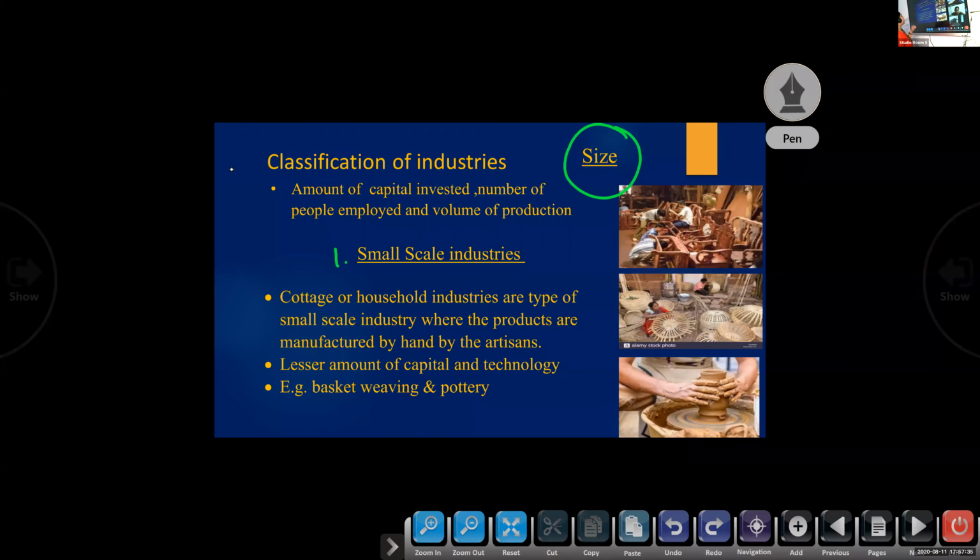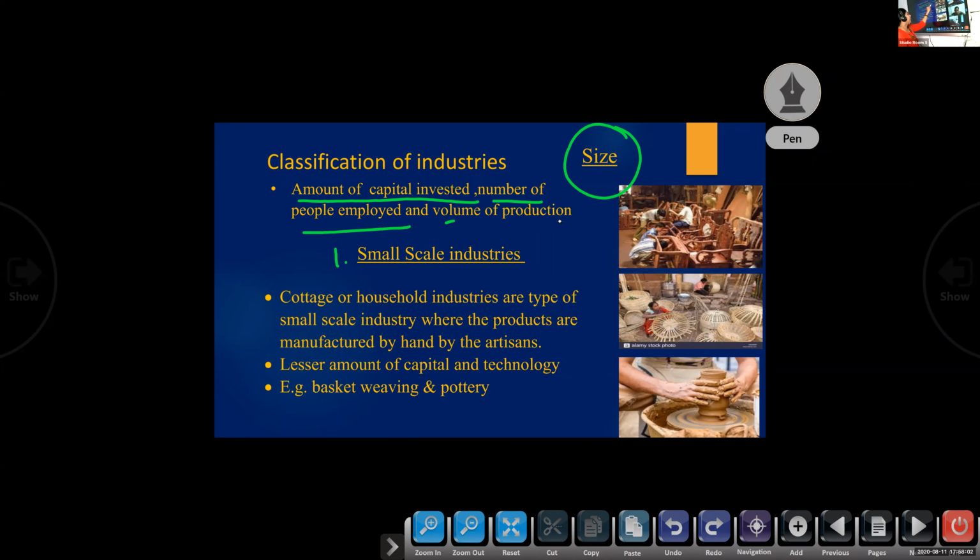When you think about the classification on the basis of size, you have to keep three points in mind. First point is the amount of capital invested, the money invested for the establishment of the industry or factory. Second one, number of people employed. How many people are working?